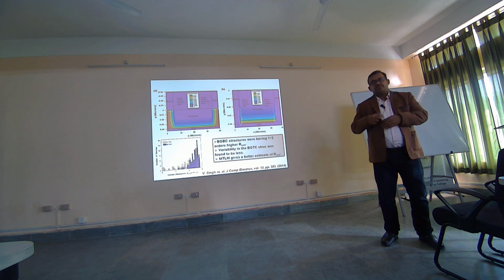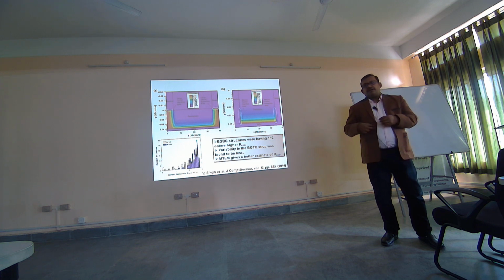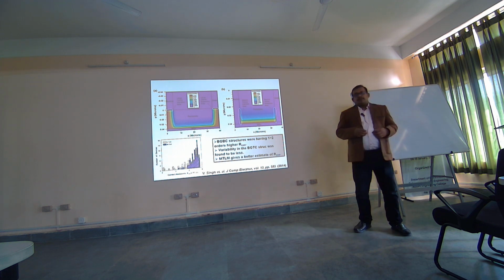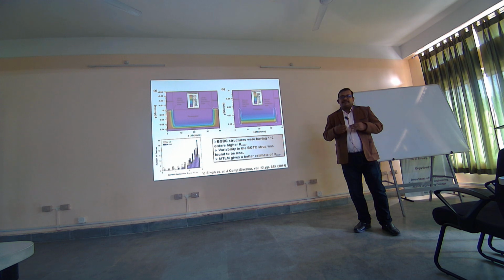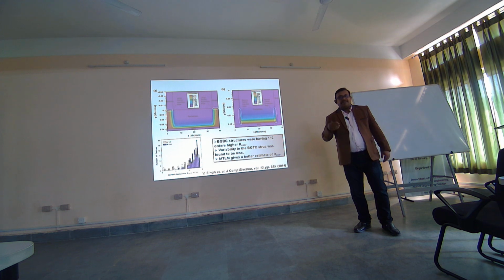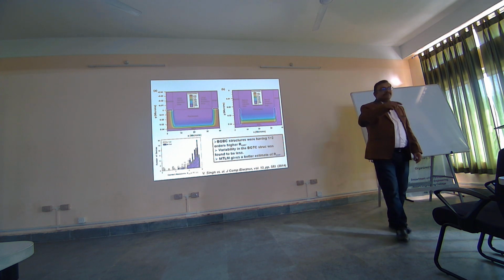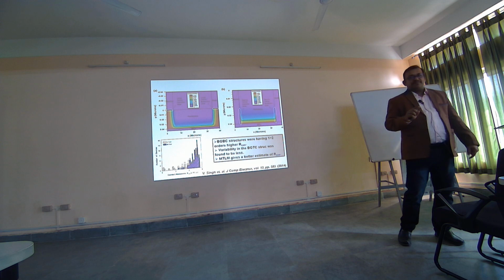Those two things are important. Besides that, for improving contact, sometimes some kind of texturing of the substrate also helps. But I'm not sure what applications you are looking at, because sometimes texturing can deteriorate your device performance.